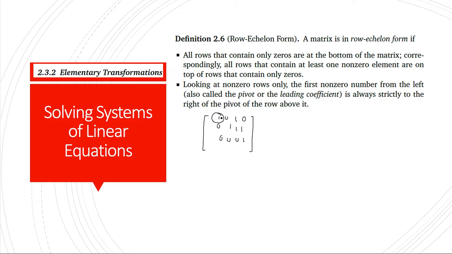Like this one, this number 1 is non-zero, and its location is on top of the zeros. Looking at the non-zero rows only, the first non-zero number from the left is called the pivot. This is a pivot, and this is also a pivot.